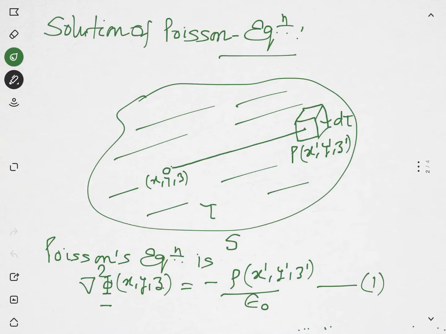See in this figure, we surround point O by a small sphere, say the radius of this sphere is r, and we take an outward going normal, say this is n hat.